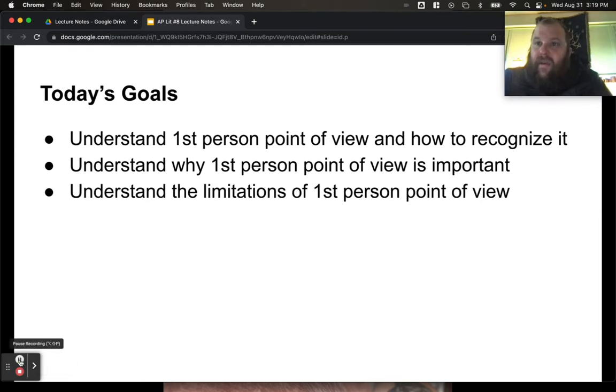And again, something I'm saying in these beginning lectures is this: you've likely learned first person point of view, but then if a teacher or someone were to ask you, okay, so you know this story is in first person point of view, how does that point of view actually function?